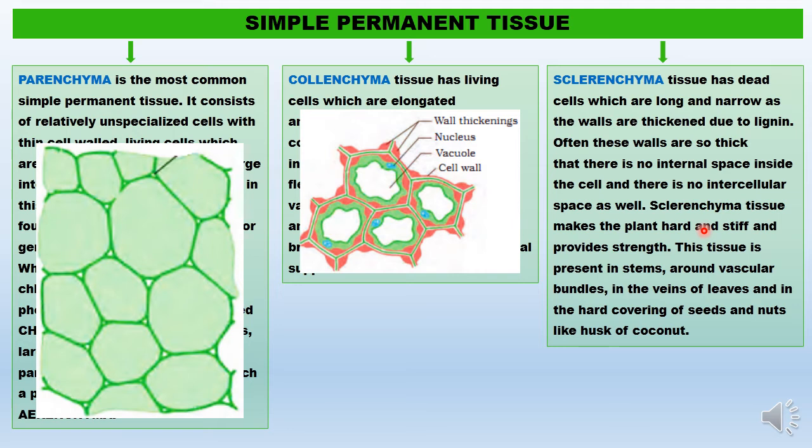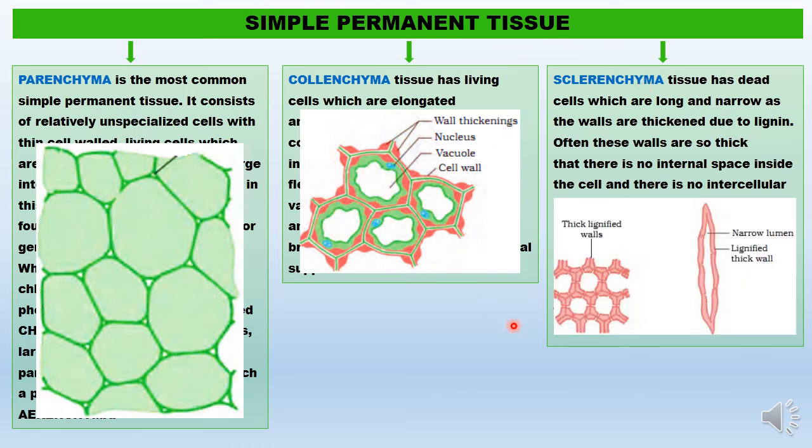So these three, parenchyma, collenchyma and sclerenchyma, are simple permanent tissue, so the cells are similar in structure, but they have different functions because of their different depositions. Parenchyma, very simple, no further deposition, only cellulose cell wall.